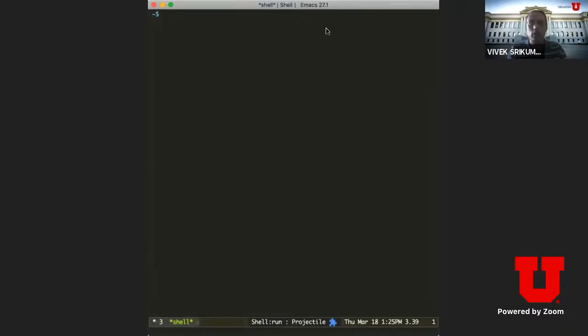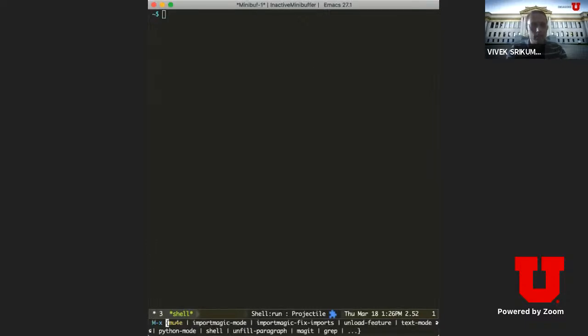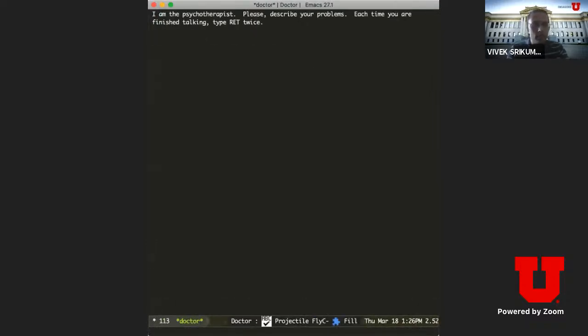So the first of my two demos is ELIZA. I hope you can see my terminal or my Emacs. Yep. Yes. Okay. Any of you who use Emacs can just type meta x doctor and get to this reproduction of ELIZA.